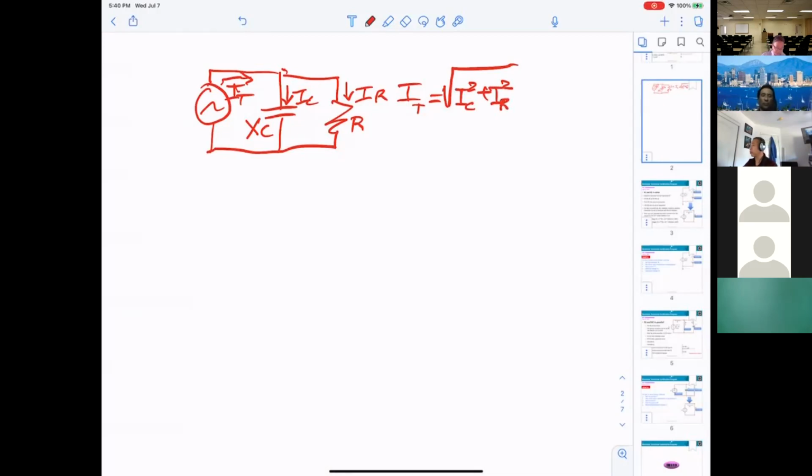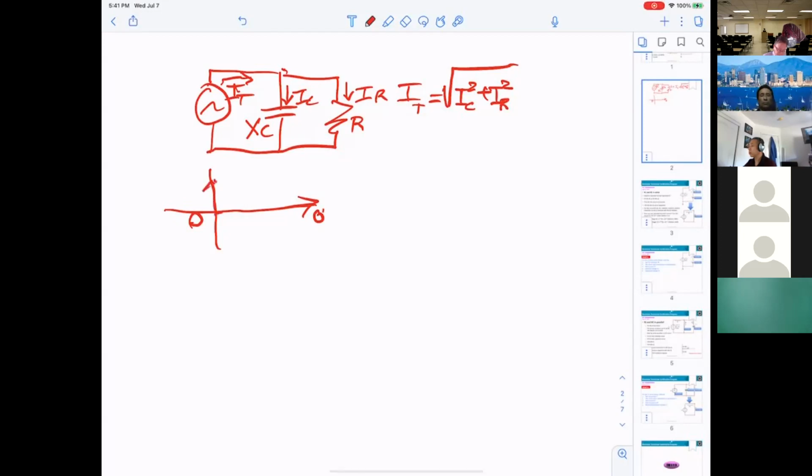Okay? And then if you draw the phasor here, where is the IC going? Up. Perfect.